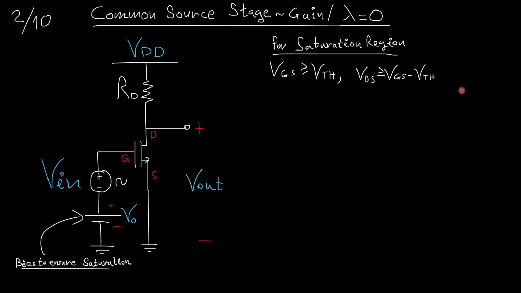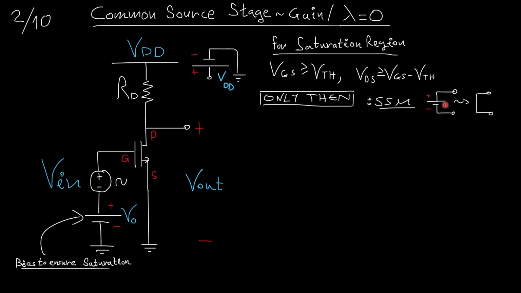If you are new to the MOSFET devices, I suggest that you watch my video on the MOSFET devices, which goes into more basic stuff like this. Now, this VDD voltage is obviously a battery here, right? With a positive terminal connected to the RD and a negative terminal going all the way to the ground.